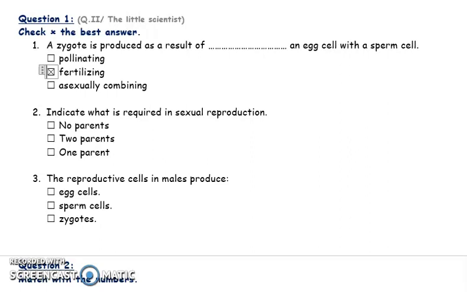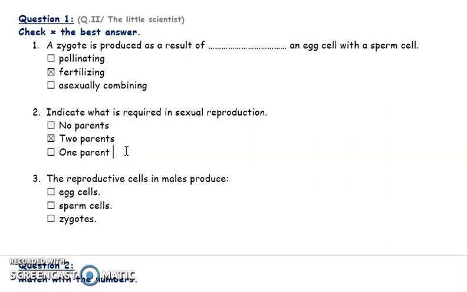What's required in asexual reproduction? No parents, two parents, one parent. Sexual reproduction requires the participation of two partners, two parents, a male and a female, while asexual reproduction doesn't require the presence of two partners.